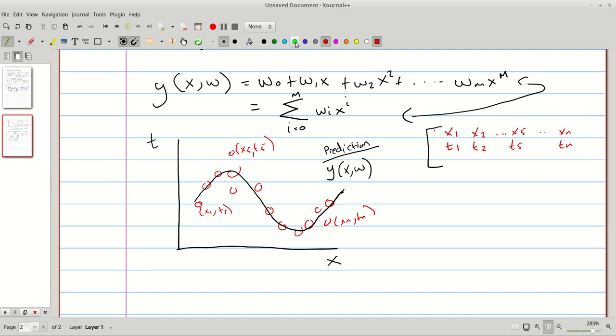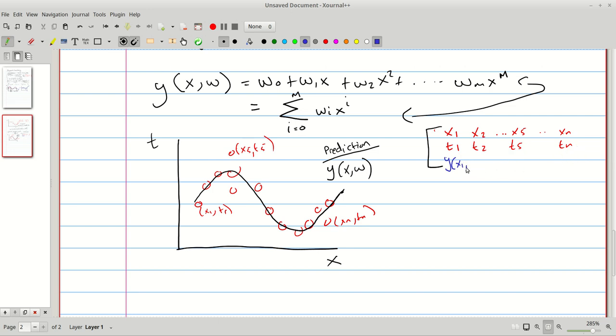But then we are going to try to predict ourselves. Let me use blue. So we're going to create our own y of x1 up to y of xn. But y should not just be a function of x1 and xn, actually.